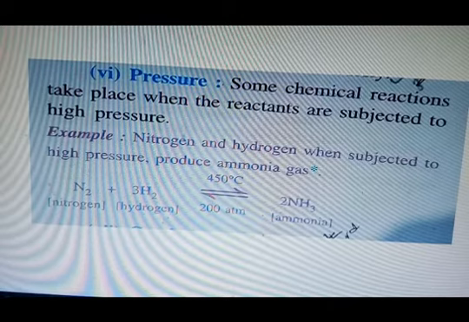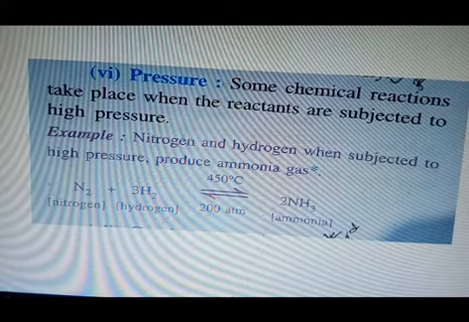That means manufacturing ammonia gas from nitrogen and hydrogen. We need a high pressure. So nitrogen gas reacts with 3 molecules of hydrogen gas at 450 degrees Celsius under 200 atmospheric pressure to give ammonia.